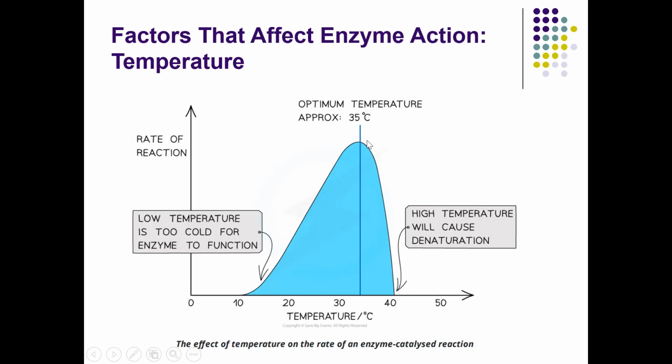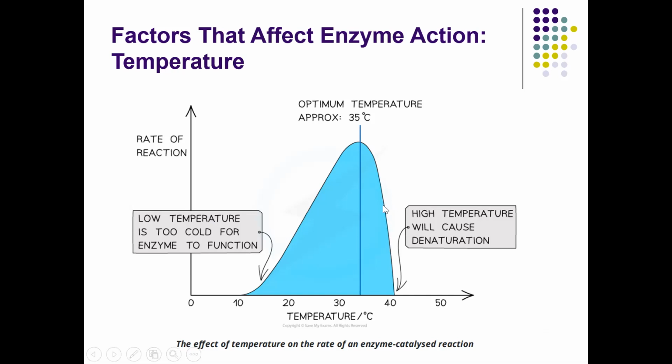So the active site changes shape, and then it fits the substrate less well. When it changes shape and becomes less fit to the substrate, the substrate cannot bind to the active site. That's why the activity of the enzyme slows down. And the more heat you give, the more vibration between the bonds in the protein will happen.